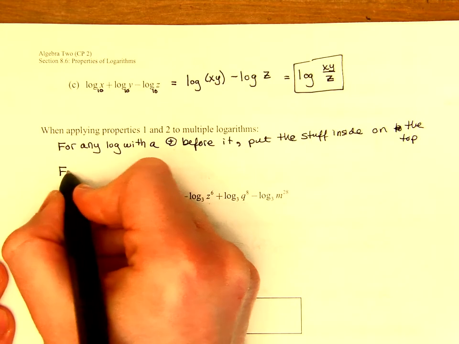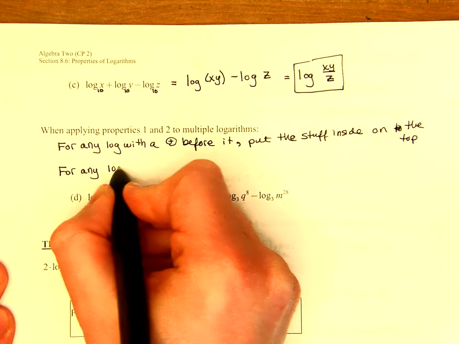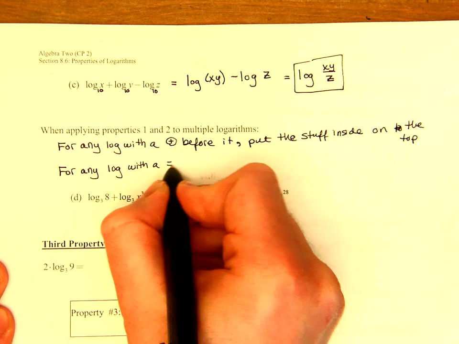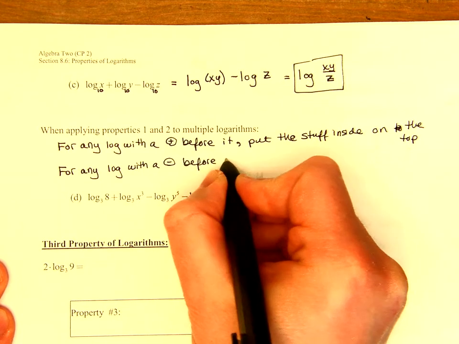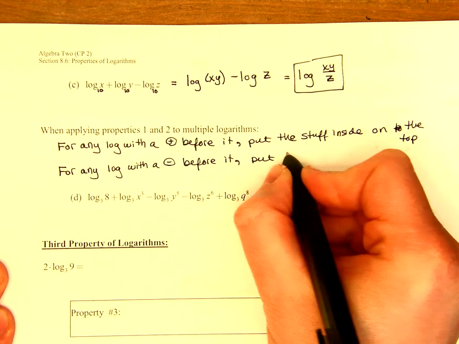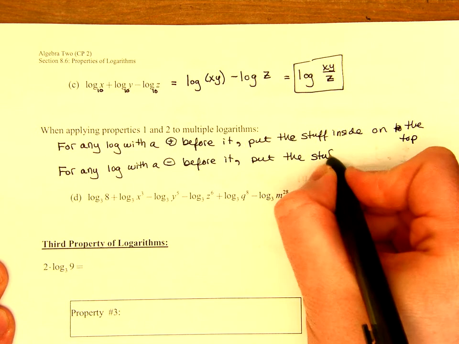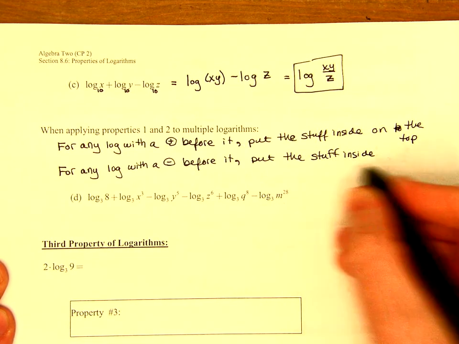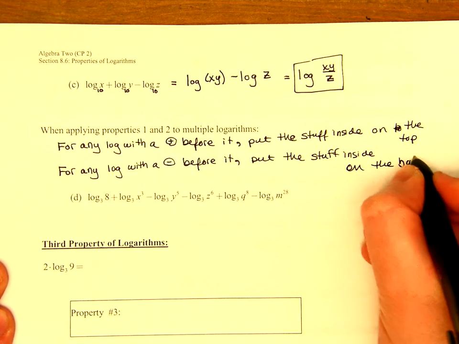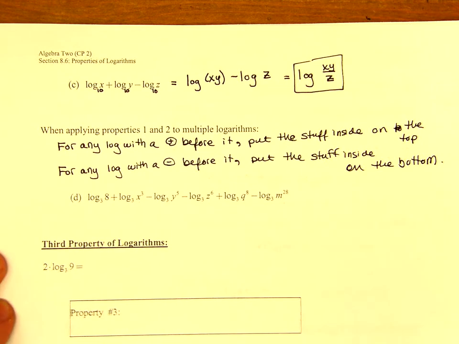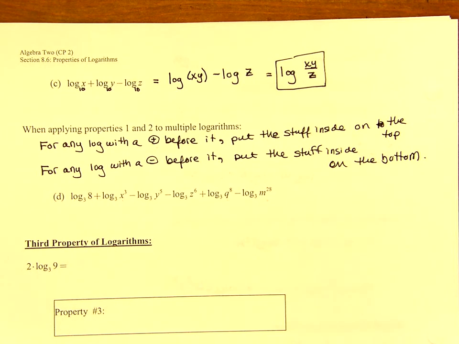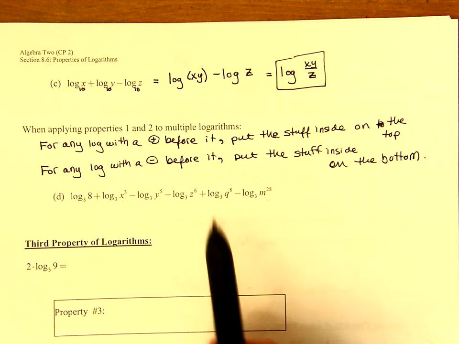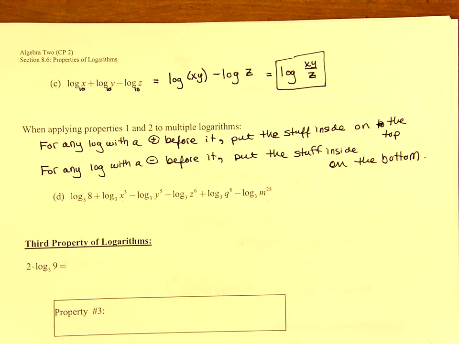And in the same breath, for any log with a minus sign before it, put the stuff from inside that log on the bottom of a fraction. These two ideas are going to let me deal with problems like letter D very, very quickly and not have to do just one step at a time. For any log with a plus before it, put the stuff inside that log on the top. For any log with a minus before it, put the stuff inside that log on the bottom.